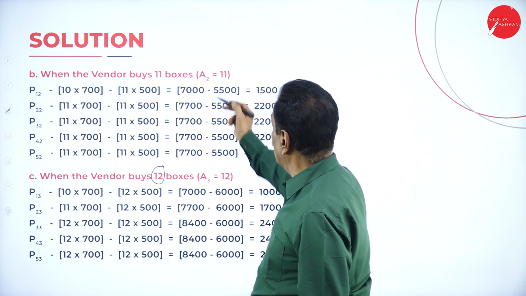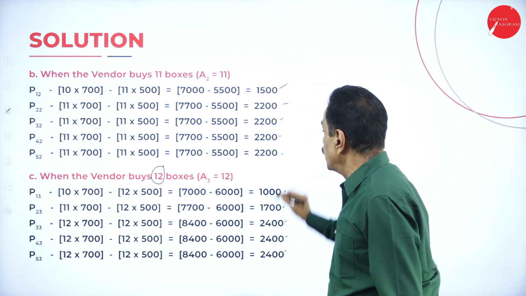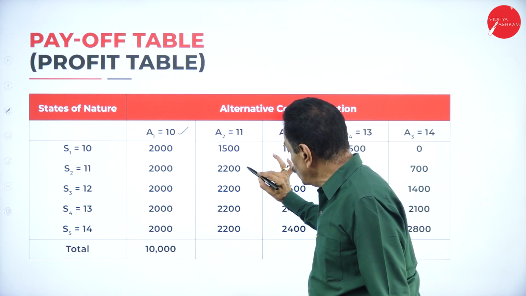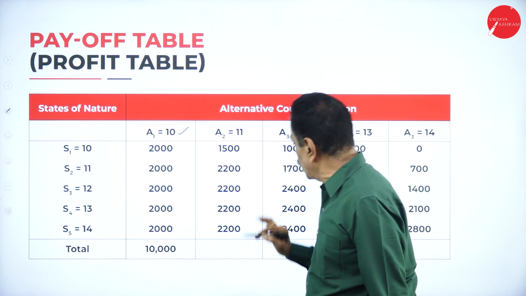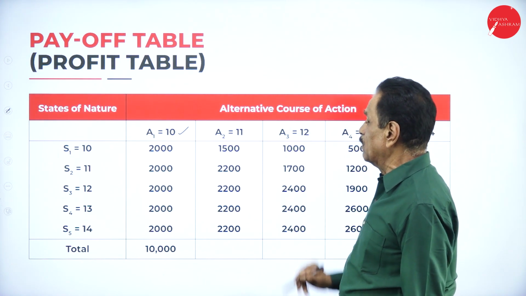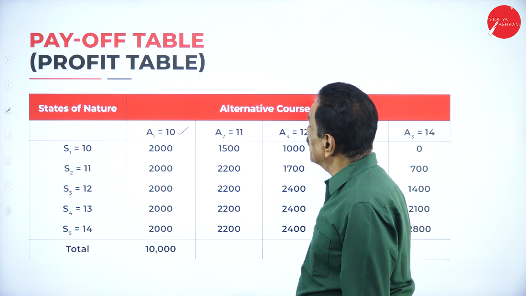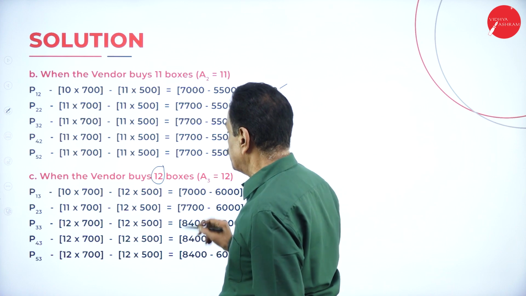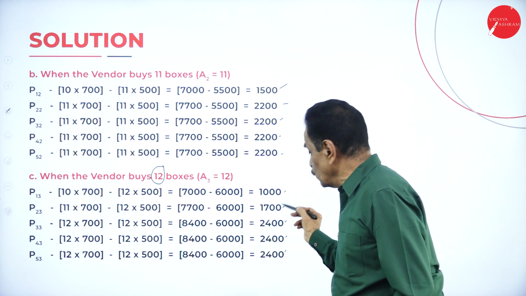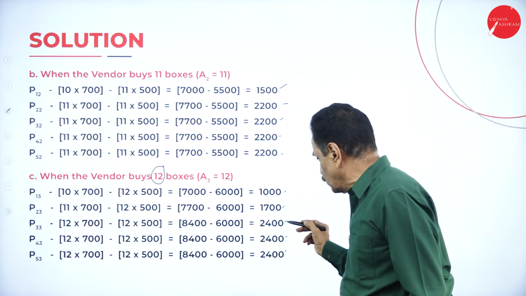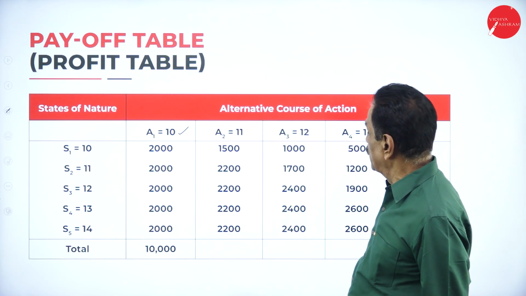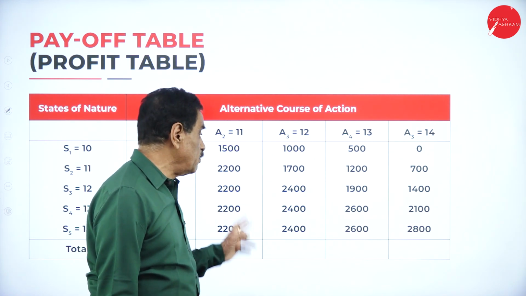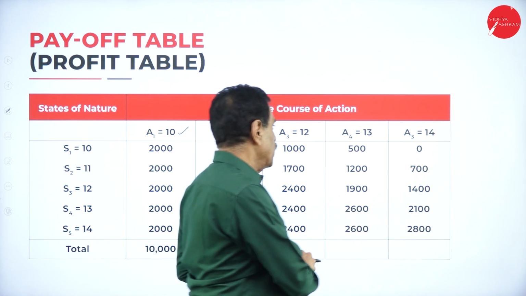Now come back to A2: 1500, 2200, 2200, 2200, 2200. We'll add this also. Then A3: 1000, 1700, 2400, 2400, 2400.